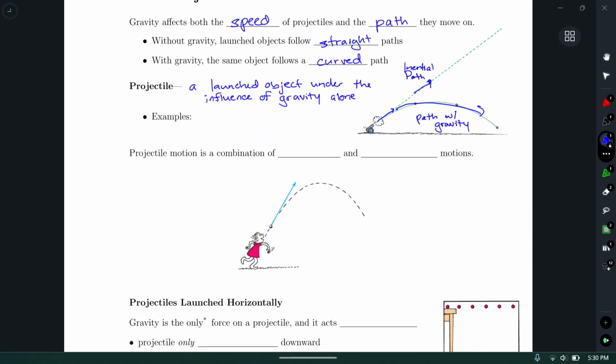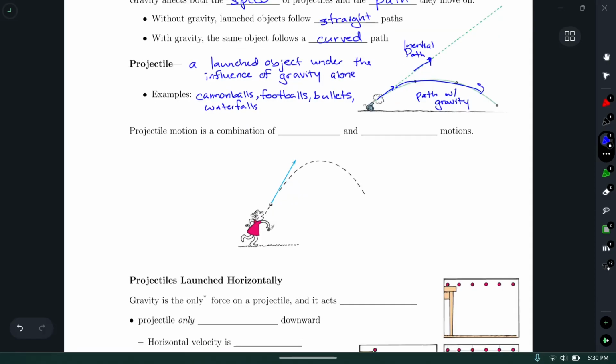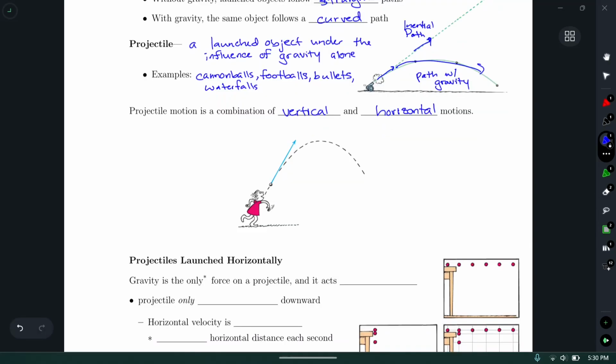So this chapter is largely the study of that, projectiles, things like cannonballs, pretty much any sport involves a projectile, bullets, waterfalls, all sorts of things where stuff's falling just under the influence of gravity. And it's going to be easiest to think about if we separate it into vertical and horizontal bits. That's the idea of using components of a vector.